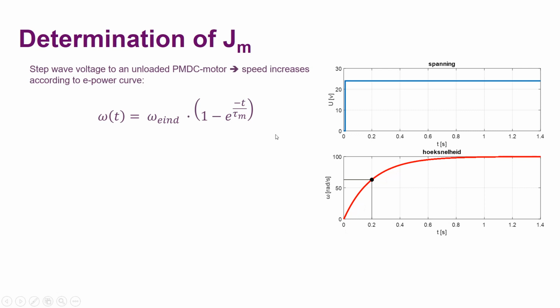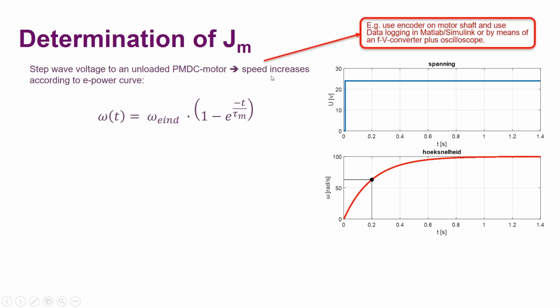According to this equation, the motor speed at every point in time equals the end value of the motor speed, the angular velocity over here, times 1 minus e to the power minus t over tau. And tau m is the motor time constant.